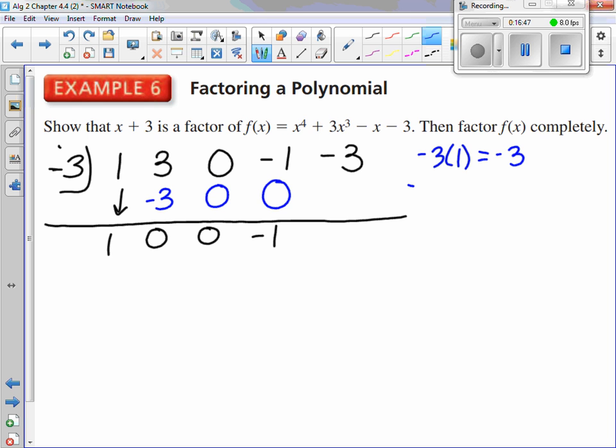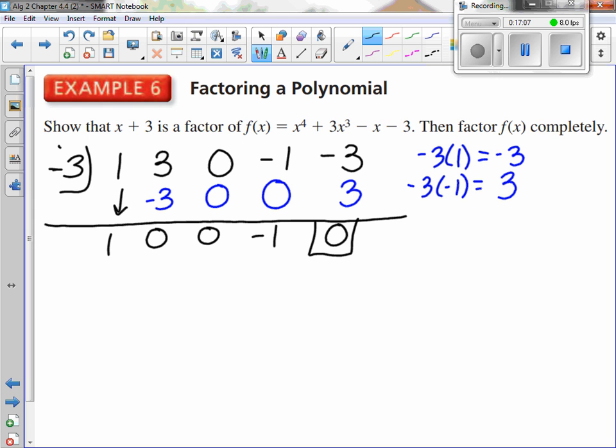So now we need to do another multiplication. -3 times -1, which gives me 3. And -3 plus 3 is 0. So it's a factor like we expected it to be, yes? Because it told us it would be. It was pretty much telling us that we should get a remainder of 0.